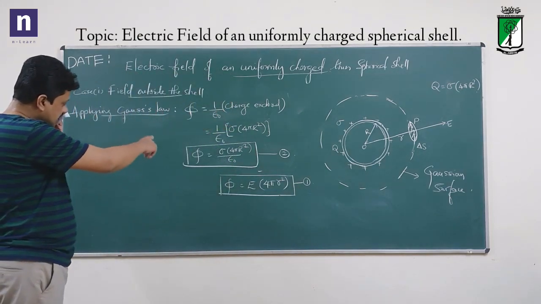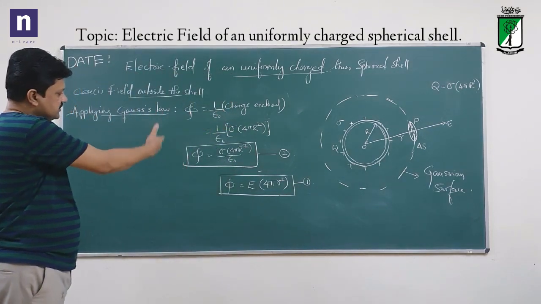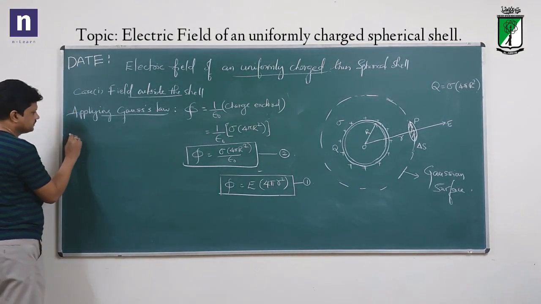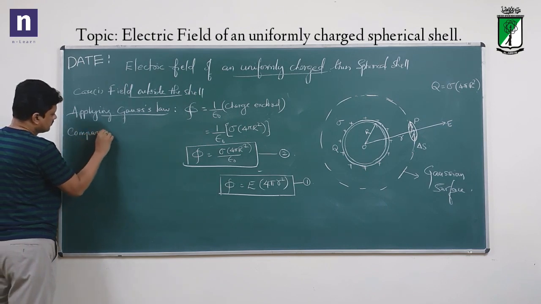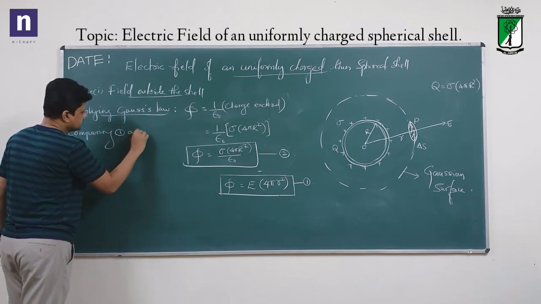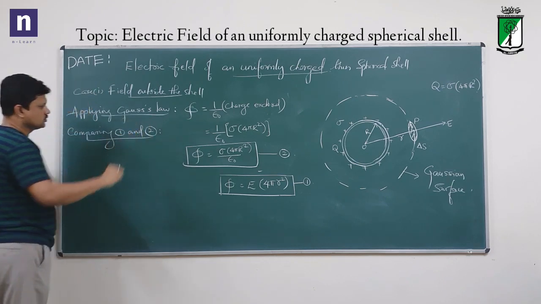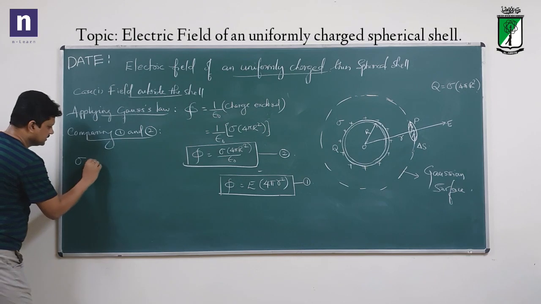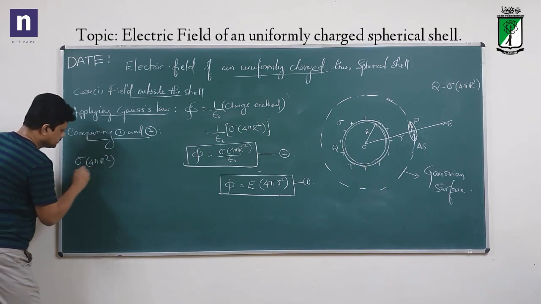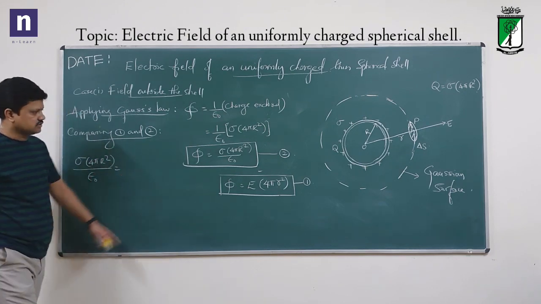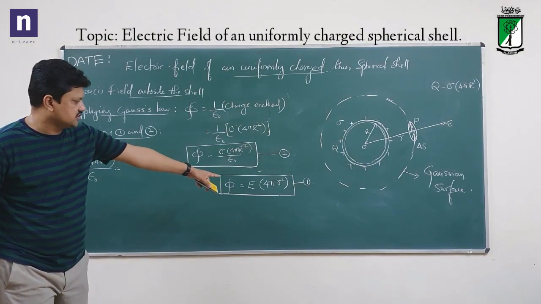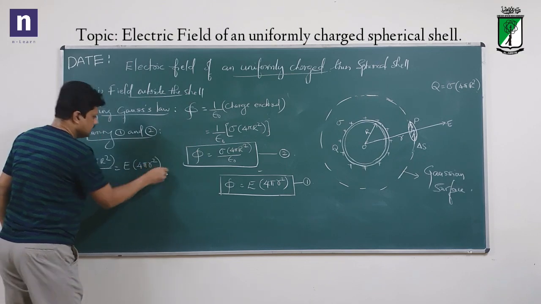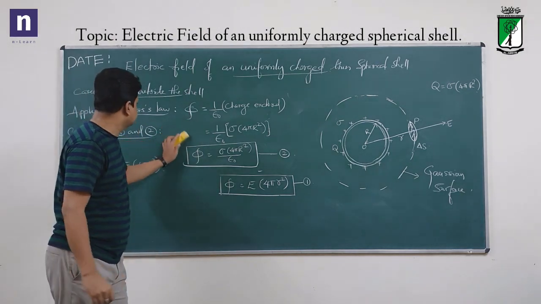Because the LHS is the same in both, since we have found the flux through the same area, let us compare these two, equations 1 and 2. So sigma 4 pi r square by epsilon naught is equal to E into 4 pi r square.